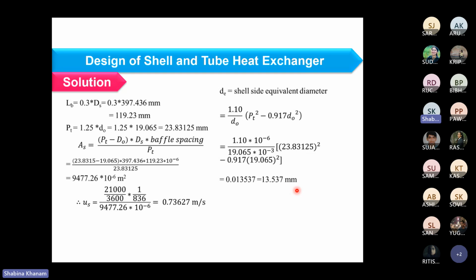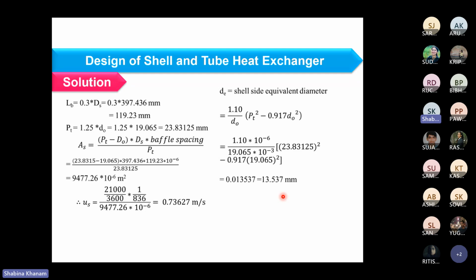Now, if you consider this equivalent diameter in the shell side, it is 13.5 mm. Now you consider the ID of the tube. The ID of the tube corresponding to 15 BWG will come around 15 mm.